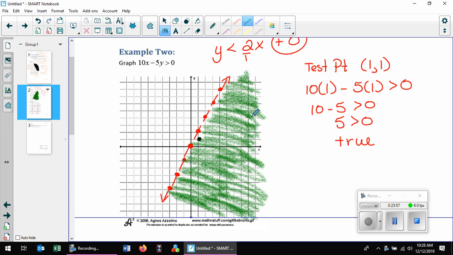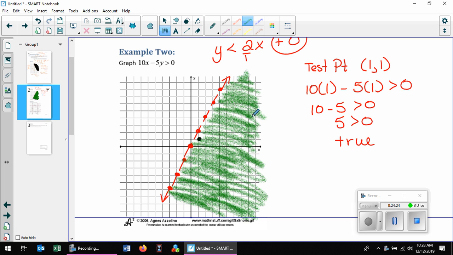So if I picked a test point over here, it would come out false in the equation, right? And so that means don't shade on this side, shade on the other side. Nothing can be marked on the non-solution side. This has to be clean over here. You have to remove it.